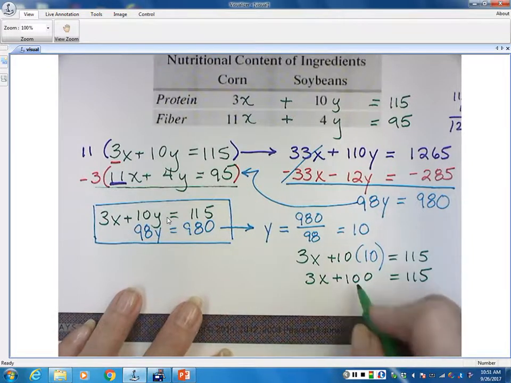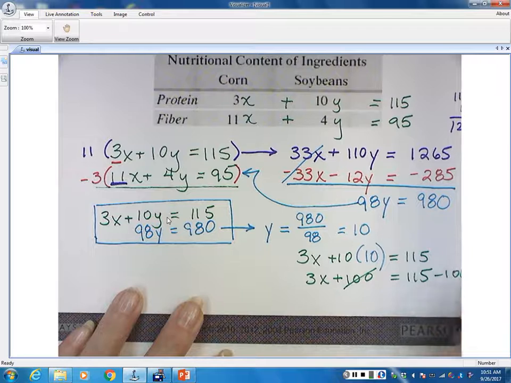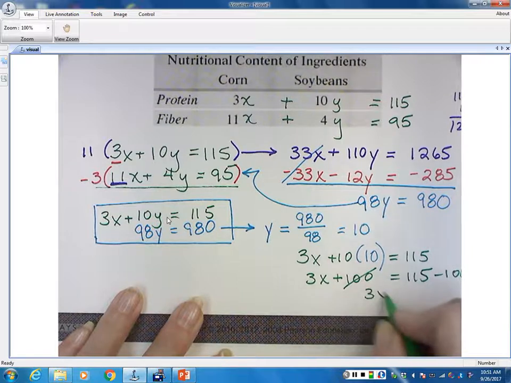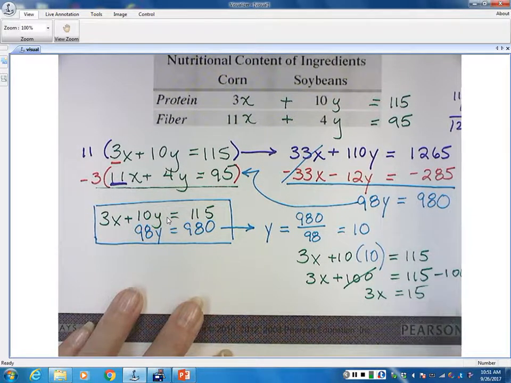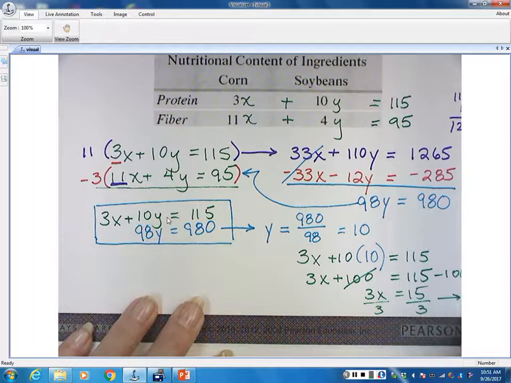And if I subtract 100 from both sides, I have that 3x equals 15. And from there, it's pretty easy to see that x is equal to 5.